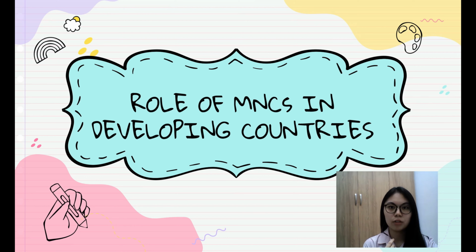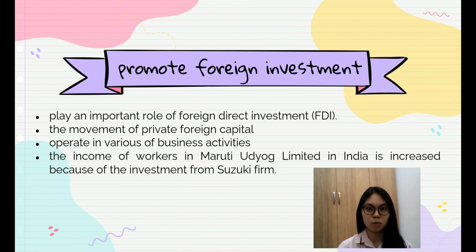There are five roles of MNCs that I will explain here, which are promote foreign investment, transfer of technology, promote export of the host countries, investment in infrastructure, and specialization of production. Promote foreign investment.